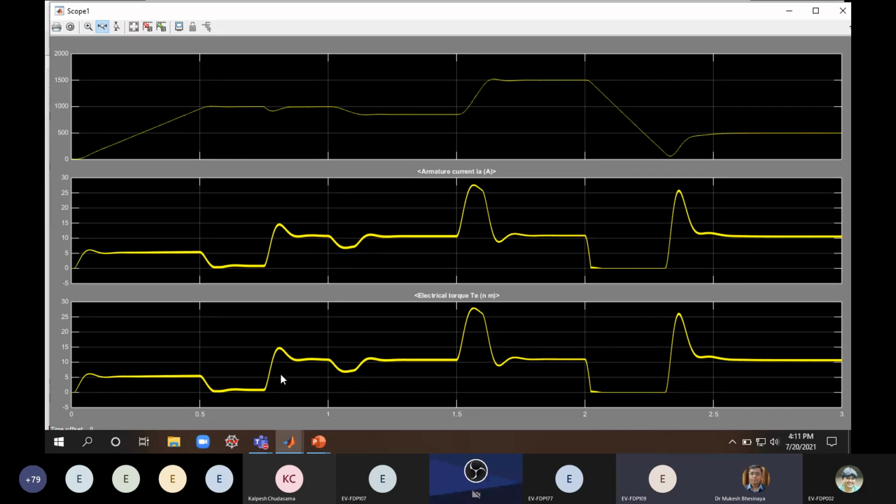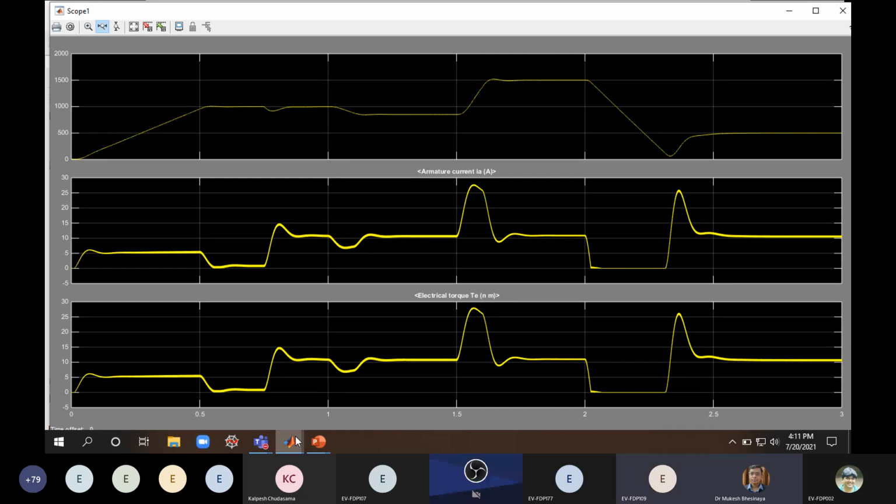When I give the step change in the load torque in closed loop control and keep my speed constant, my controller should generate a duty cycle in such a way that it keeps my speed constant, and that is what is done by the controller. You see here the speed remains constant at 1000 RPM even if you give a step change in the load.